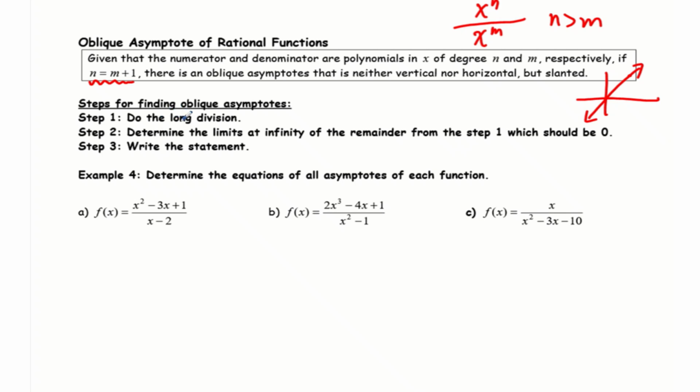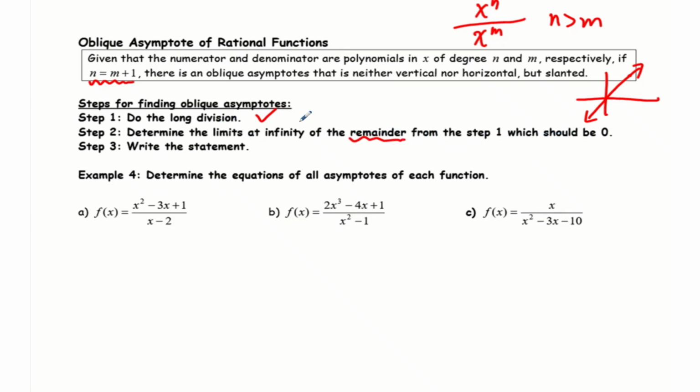So the steps for finding oblique asymptotes: do the long division, then determine the limit at infinity of the remainder from step 1, which will be 0.